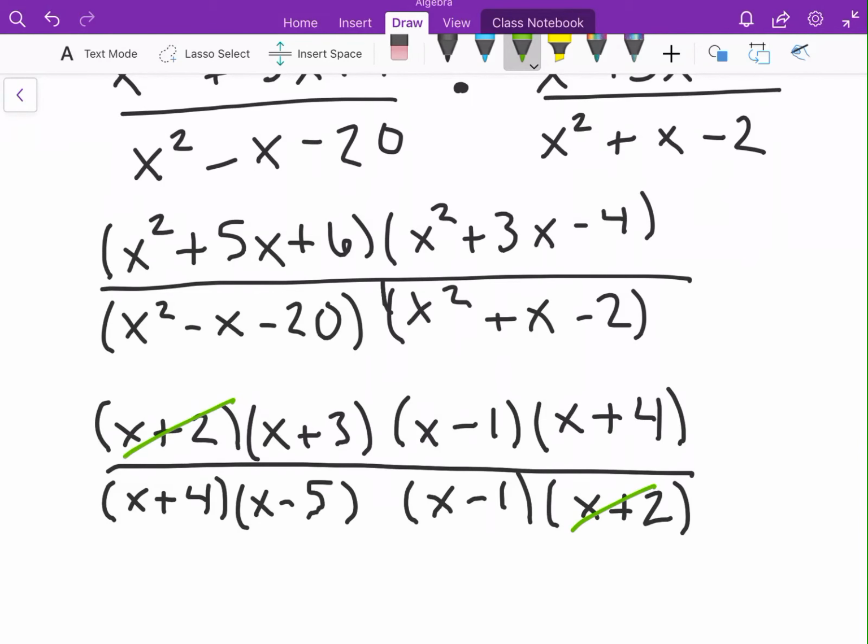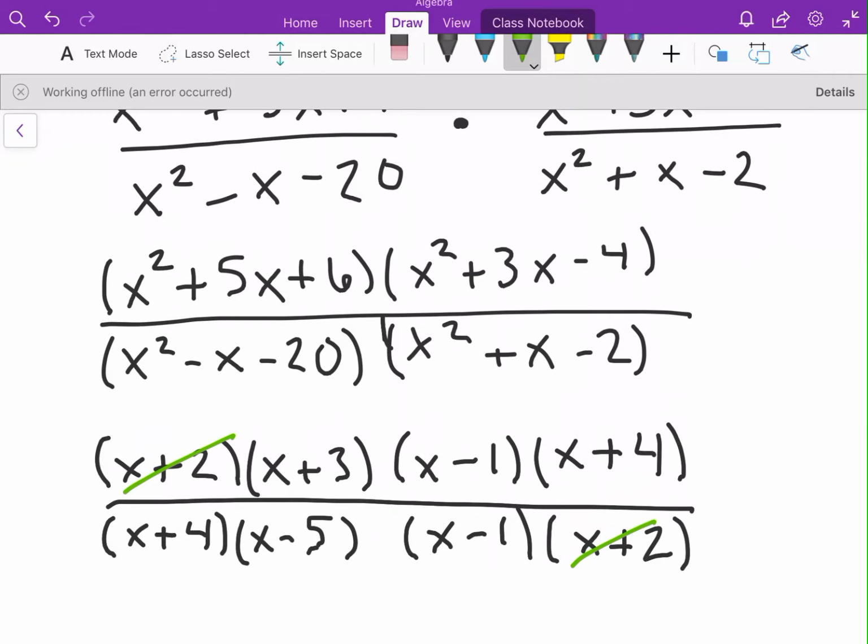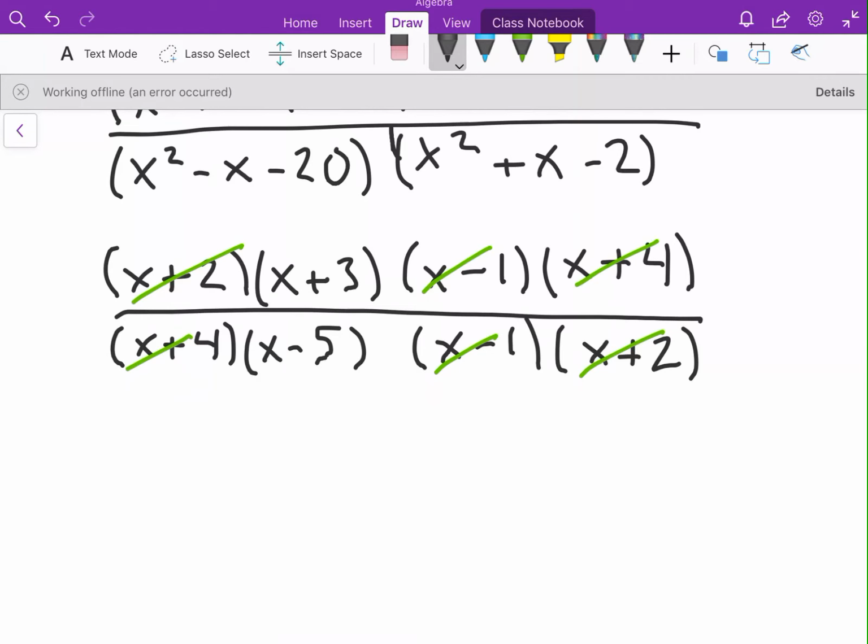These cancel. You will also notice there is an x minus 1 in both the numerator and the denominator. These also cancel. The last factor that is common is x plus 4. Those also cancel. That leaves me with x plus 3 in the numerator and x minus 5 in the denominator.